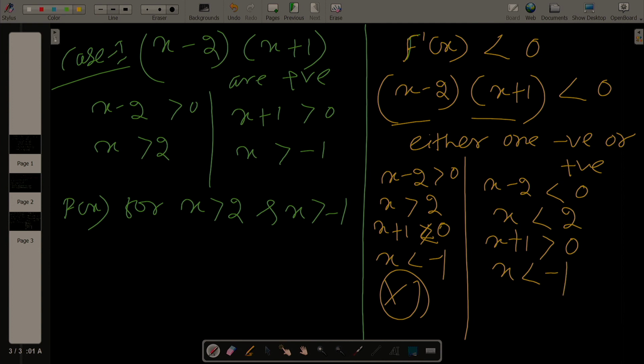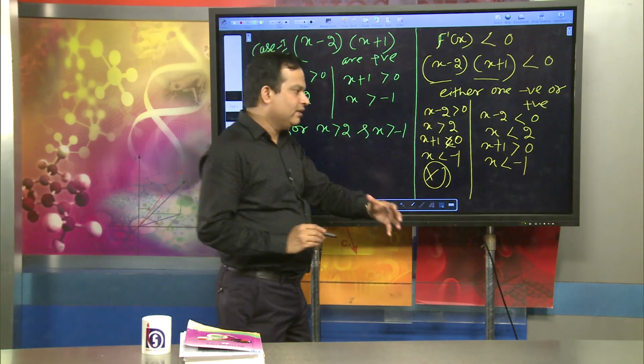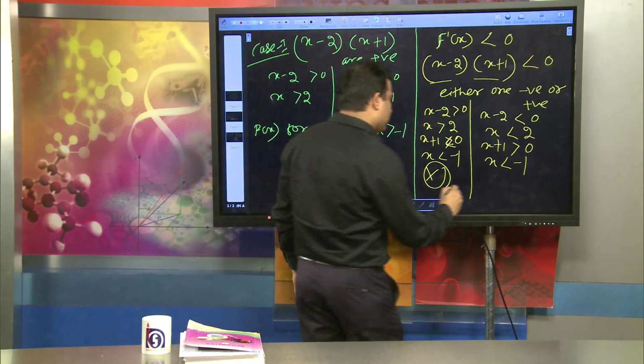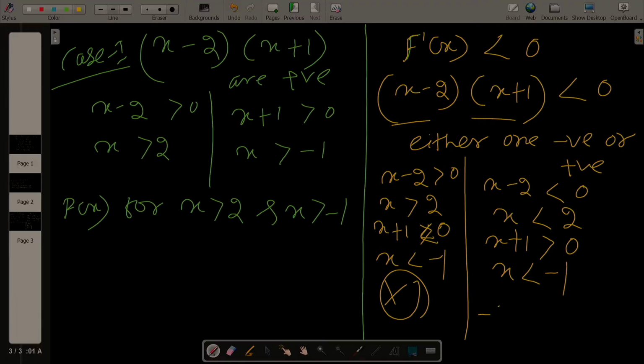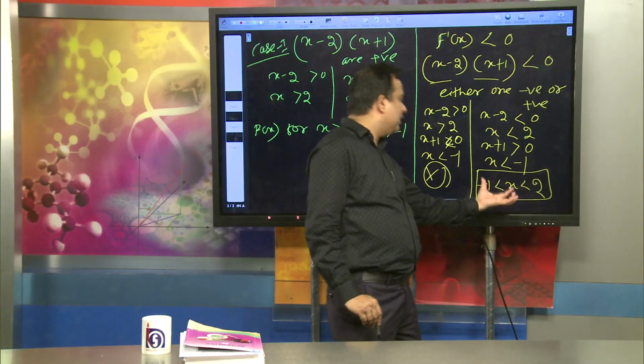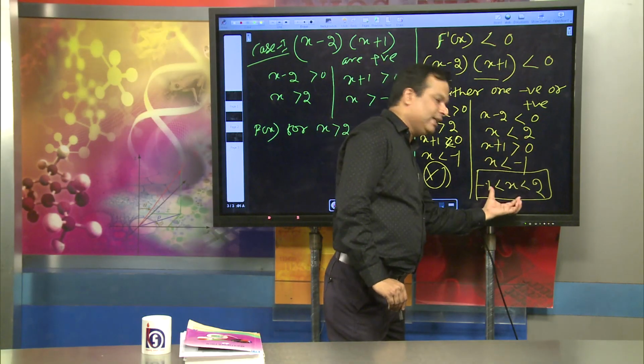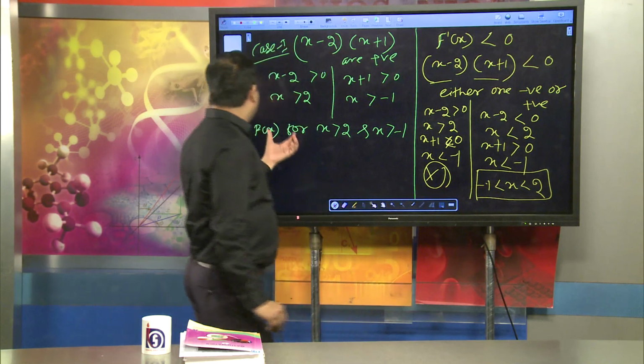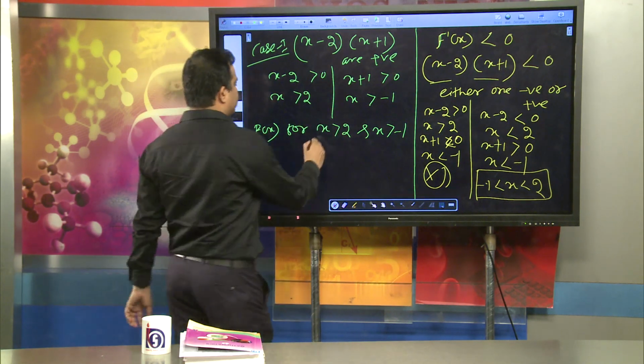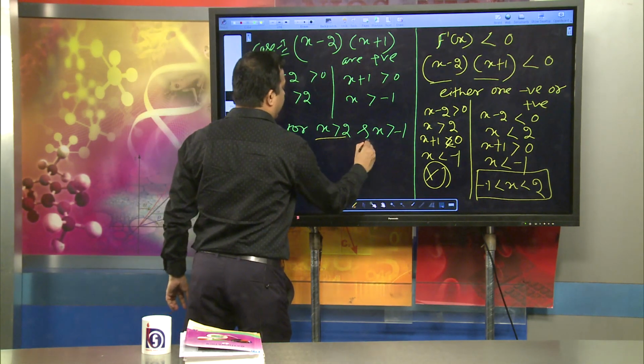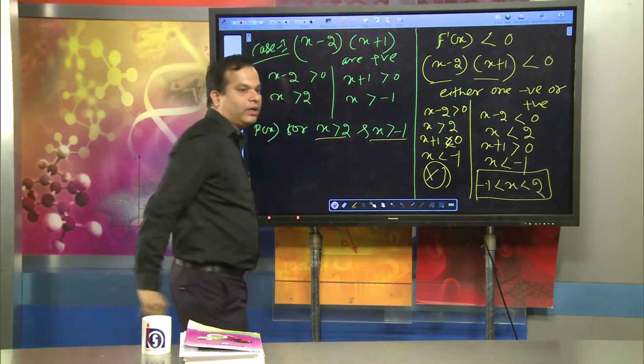So the function will be decreasing if minus 1 is less than x less than 2. Within that interval the function is decreasing in nature. And the function is increasing when x is greater than 2 and x greater than minus 1.